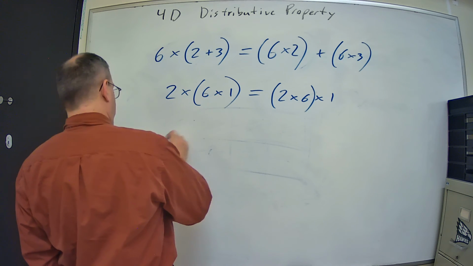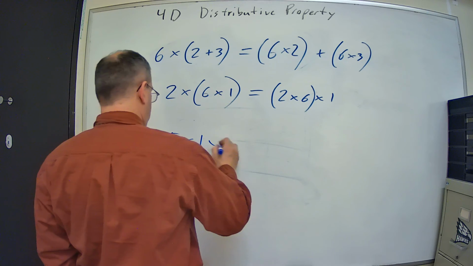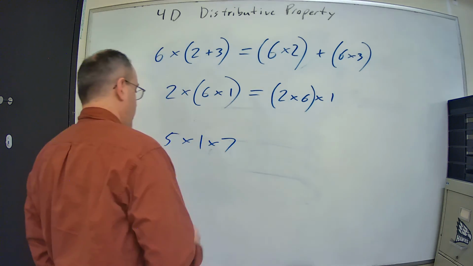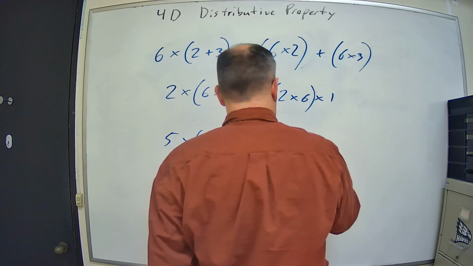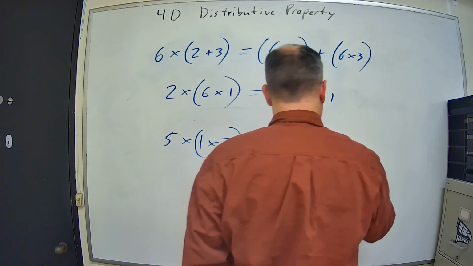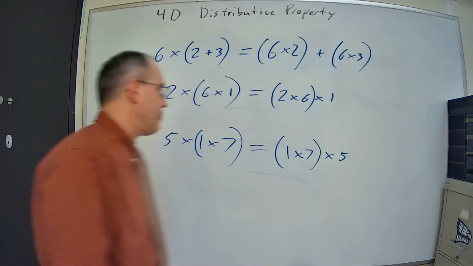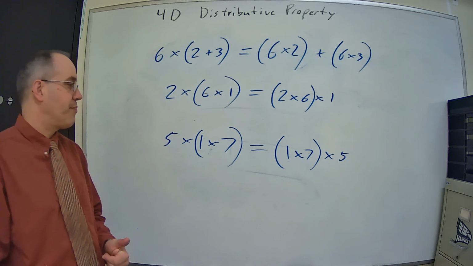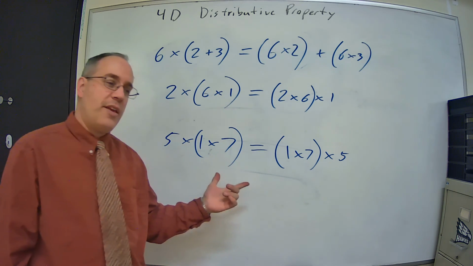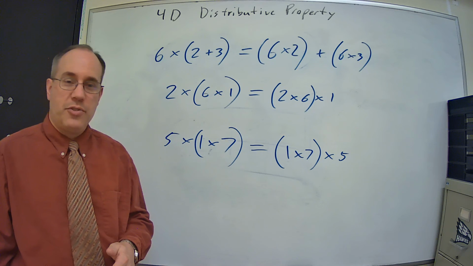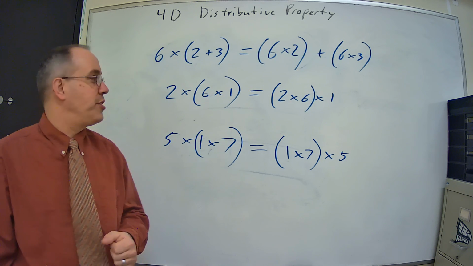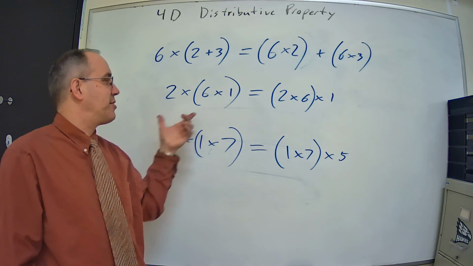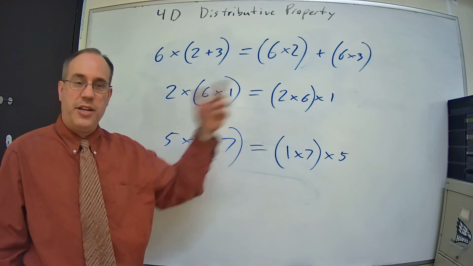Well, what if I have 5 times 1 times 7 is equal to 1 times 7 times 5? Now this one may throw you off for a second, because what happened? My parentheses moved, which usually is associative because I changed the grouping.